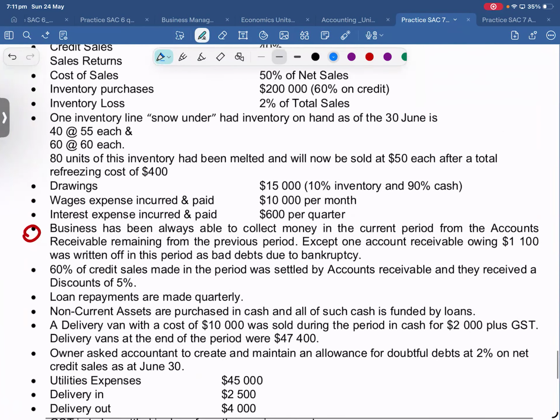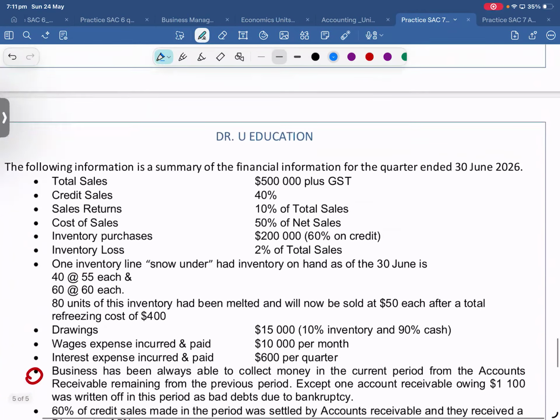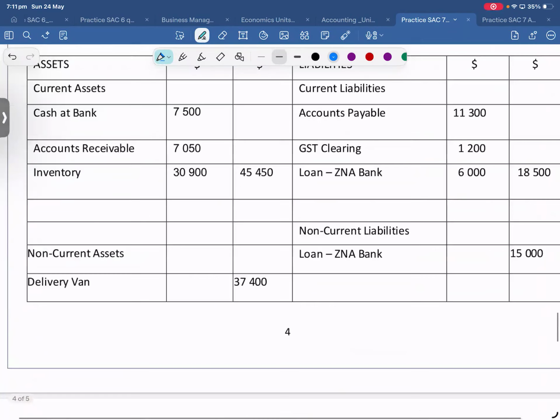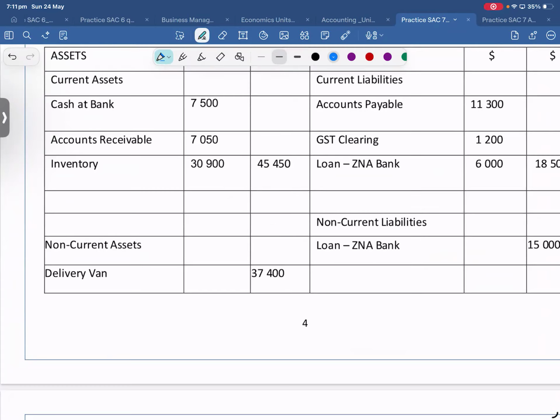Except that we are receiving the remainder. How much are we receiving? We have 7,050 accounts receivable. Take away 1,100, how much is that? 5,950. So we are receiving 5,950 from accounts receivable from the previous period.